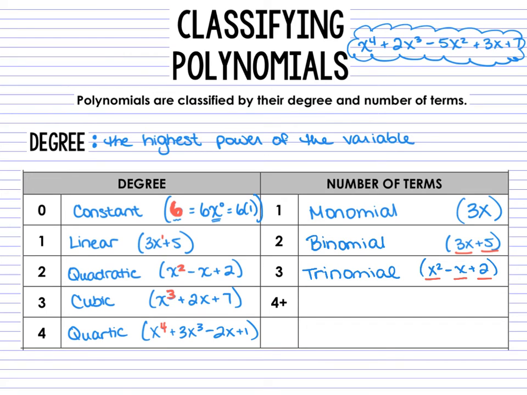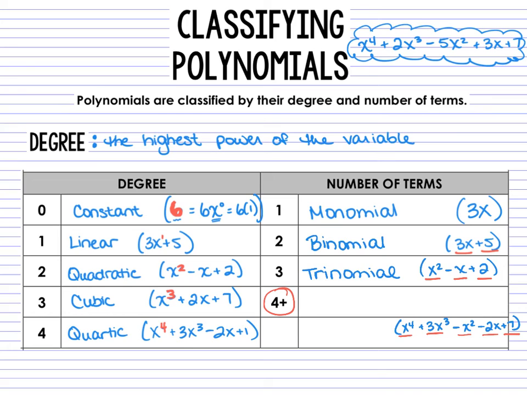Anything that has 4 or more, sorry. So say, I'm going to write it down here. I'm going to use the expression from the left. x to the 4th plus 3x cubed. I'm actually going to add to it minus x squared minus 2x plus 7. Say we have that one. On this, I have 1, 2, 3, 4, 5, which falls into that 4 plus category.